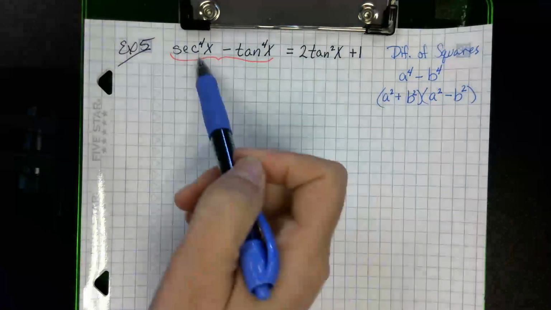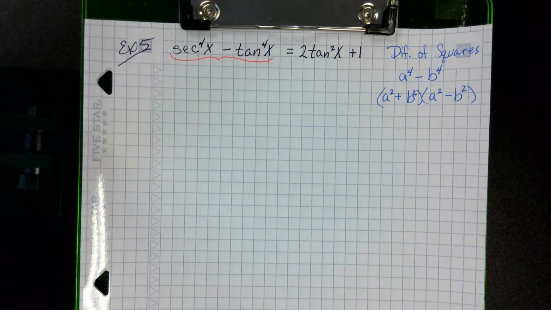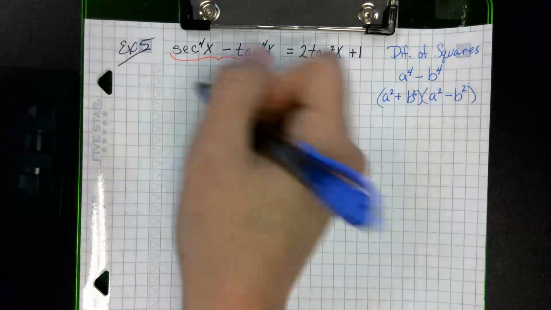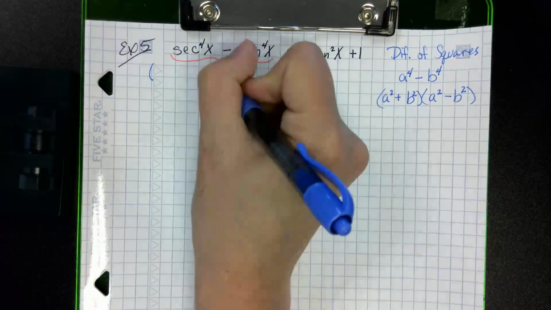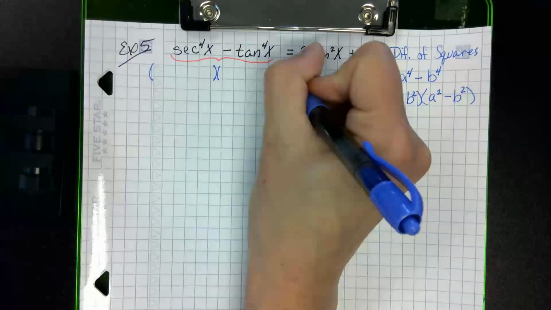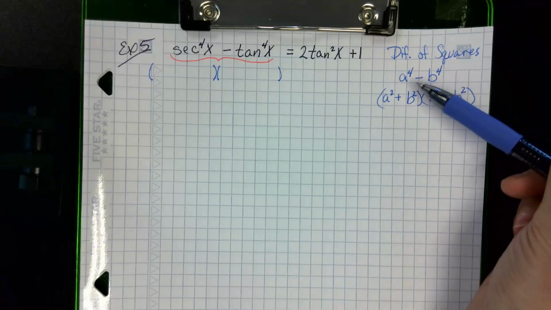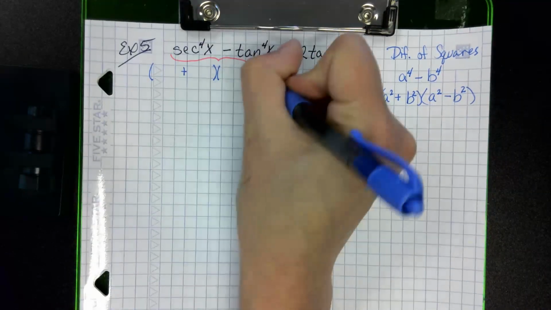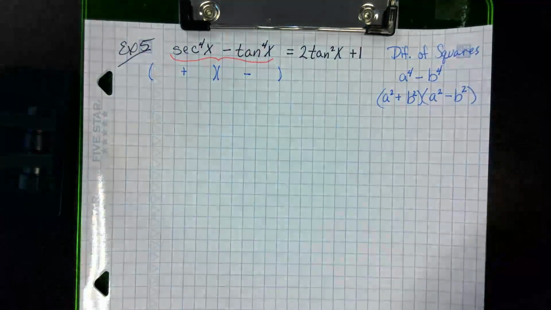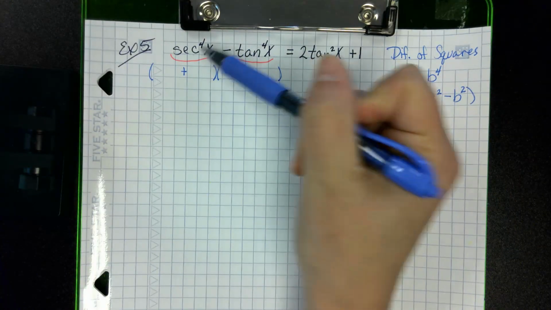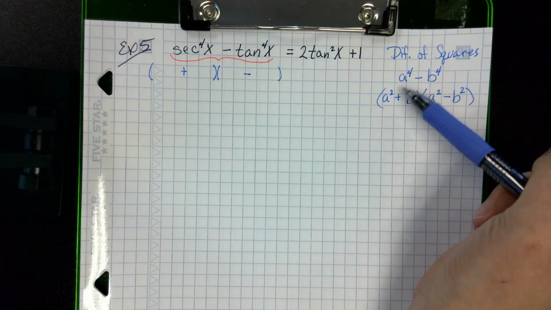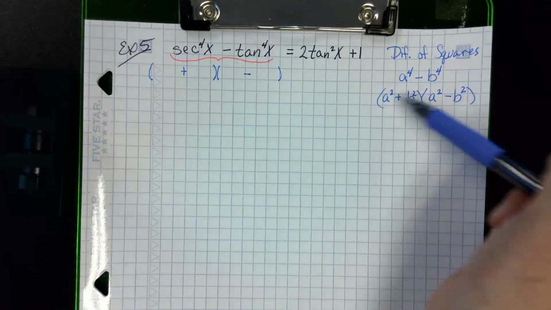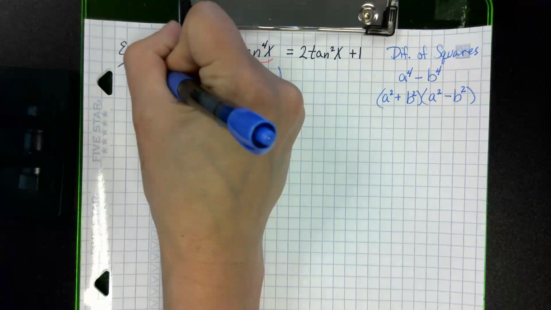So now we're going to do that with secant to the 4th x minus tangent to the 4th x. That's difference of squares. So we can factor this relatively easy by following this format. I'm going to make my parentheses big because we are putting a lot of stuff in them. Since it's subtraction, perfect square, I do one's positive, one's negative. Square root of secant to the 4th, that's like my a value, is going to be, I did a squared, so secant squared, secant squared.